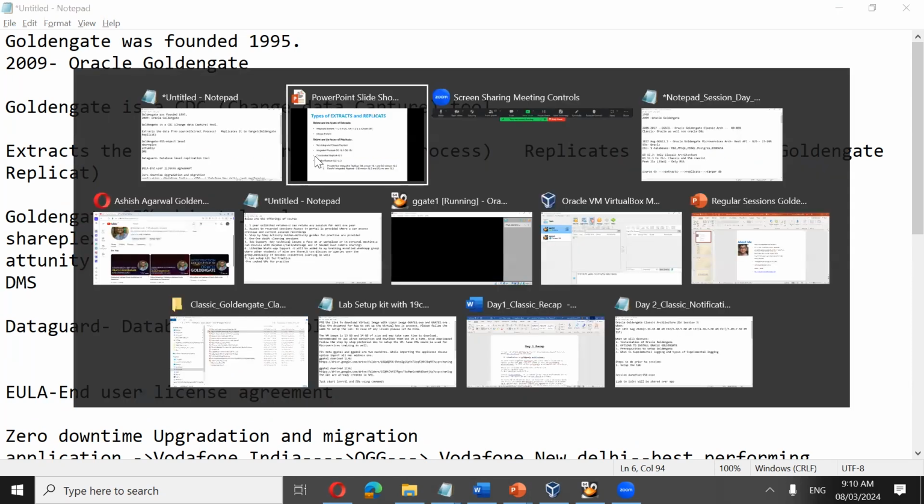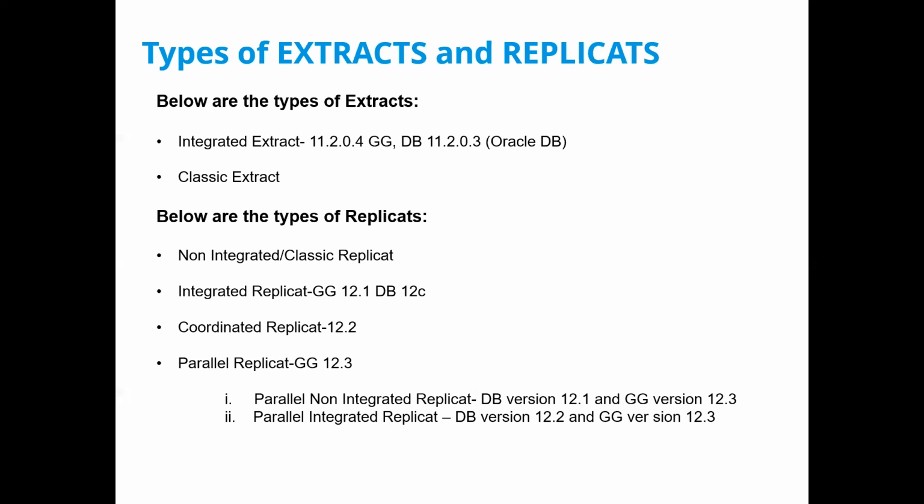Now let us discuss different types of extracts and replicates. There are two types of extracts in Oracle Golden Gate. Initially when Golden Gate was launched, there was only one extract. Then from Golden Gate version 11.2.0.4 onwards and database version 11.2.0.3, Oracle launched a new type of extract called integrated extract, and they renamed the existing type of extract to classic extract.